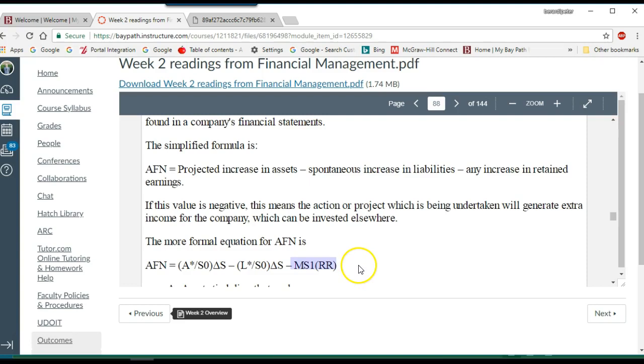So if our internal income and our increase in liabilities ends up being a negative when subtracted from here, we can finance our internal growth. If it's positive, we need additional funds.